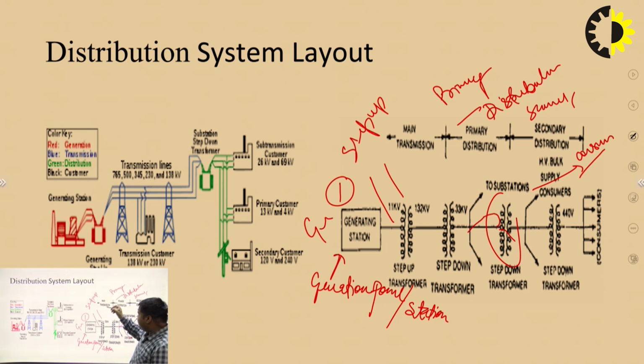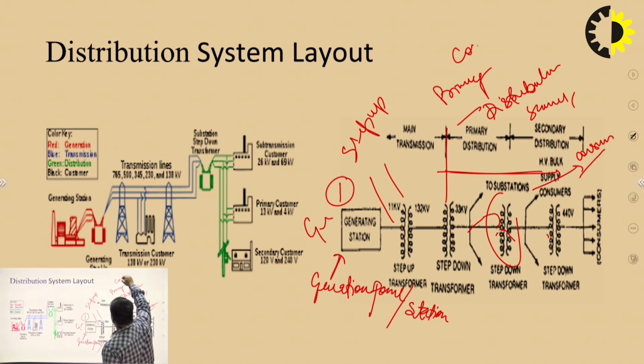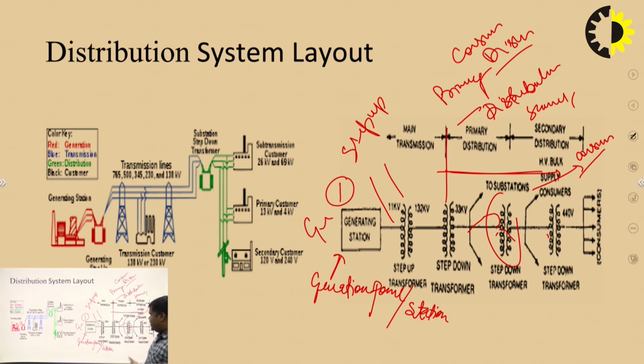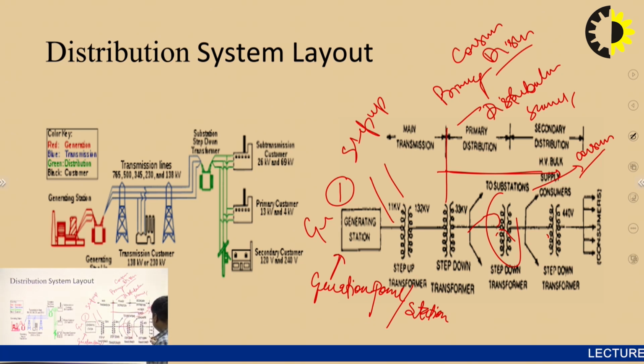This is the main transmission of the power system network, and the other part, from here to here, is the consumer side or distribution side, where the power is transmitted from this side to the distribution side to the consumer side.